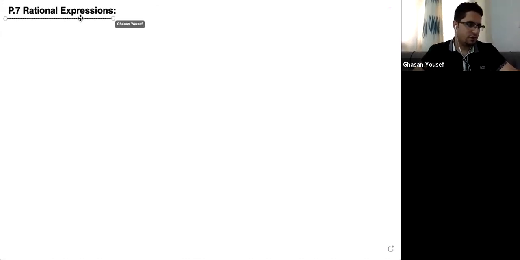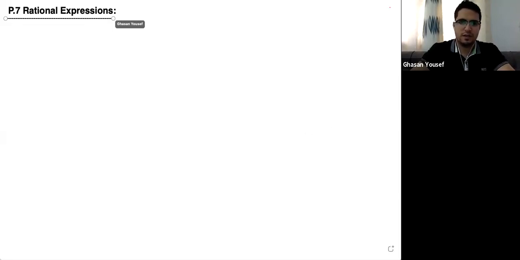Then we moved on to how we simplify rational expressions. I gave some examples, and I started talking about multiplying and dividing rational expressions. I gave an example for multiplying rational expressions. What's left for this section is dividing rational expressions.